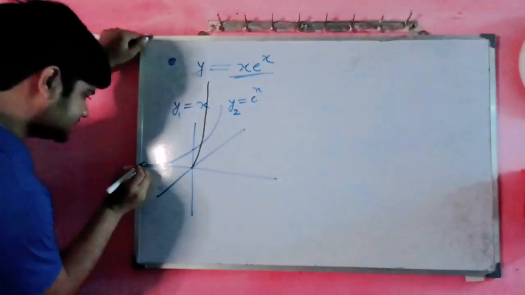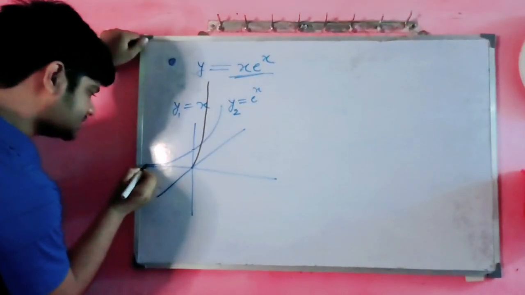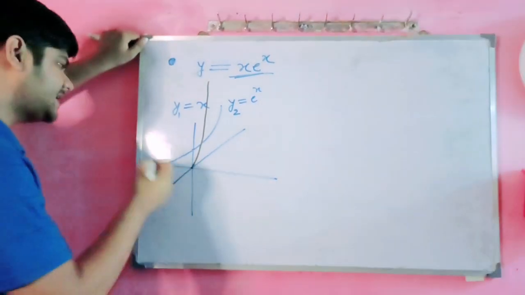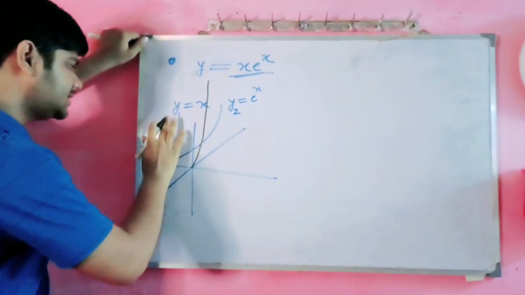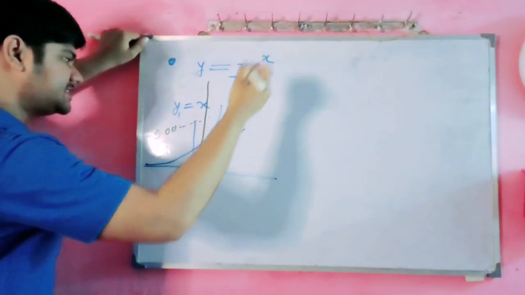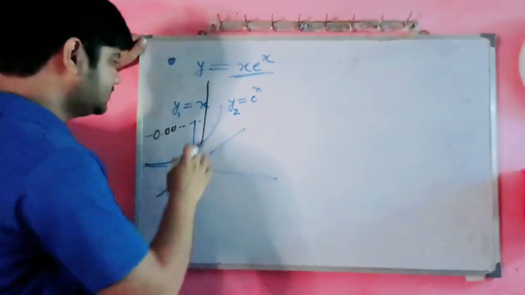Now here we see that this value, as a fraction, when x approaches minus infinity, is something like 0.0000, and after many zeros it contains a value, say 5.